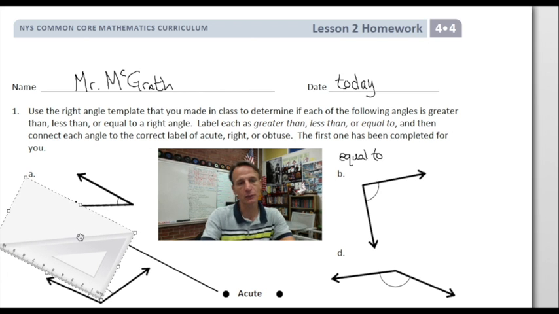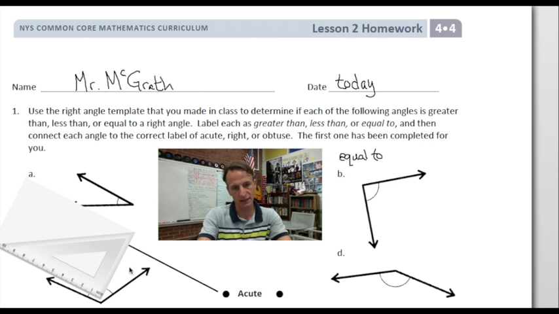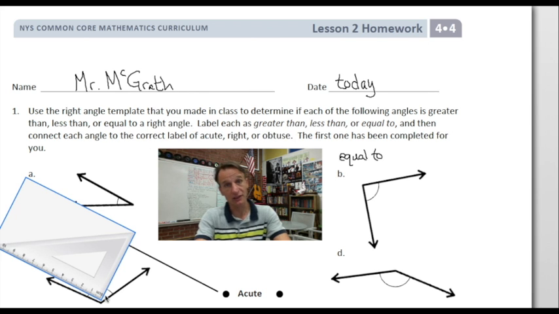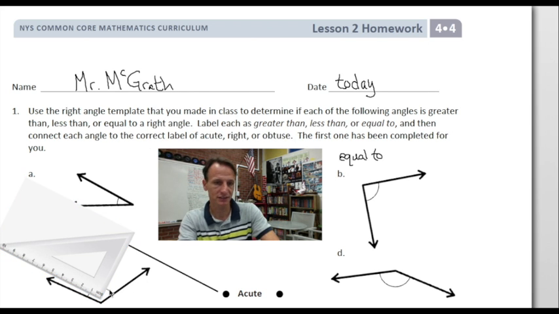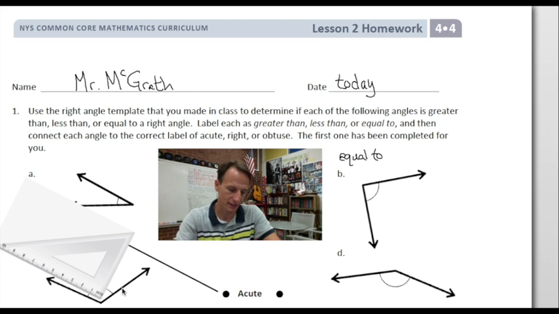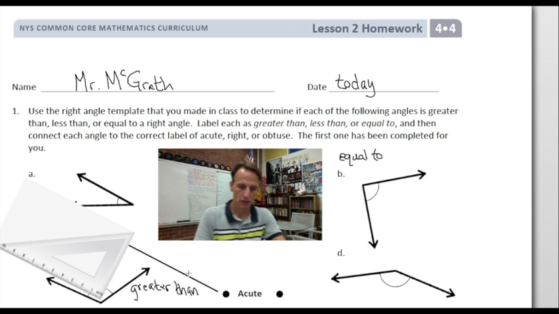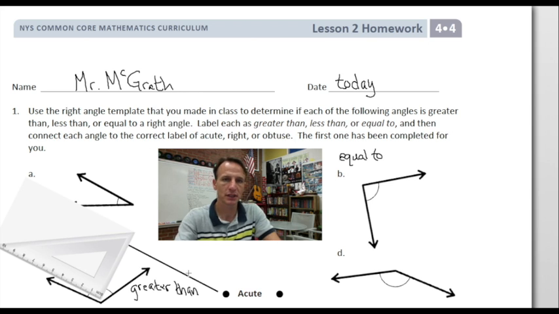Okay, so now we could see we have a right angle here, and the angle we're given here, angle C, is larger. It's greater than a right angle. So I'll write down that C here is greater than. And that, of course, makes it obtuse. But we will get to that in a minute, as promised.